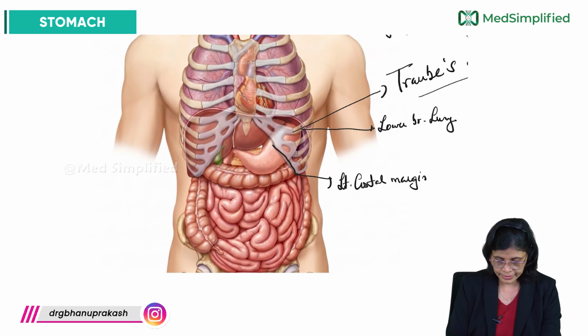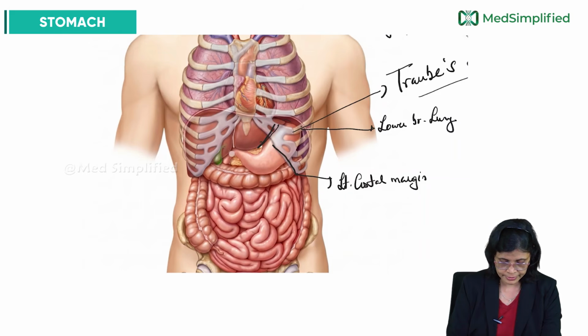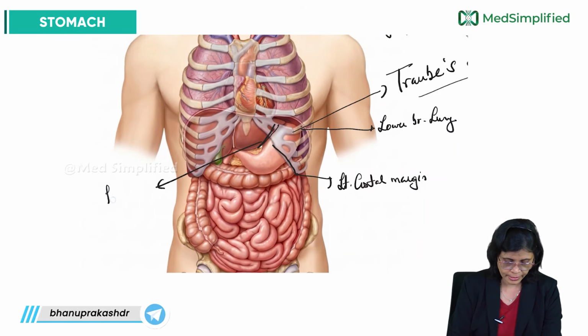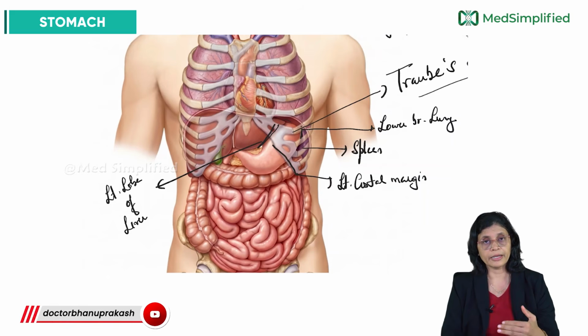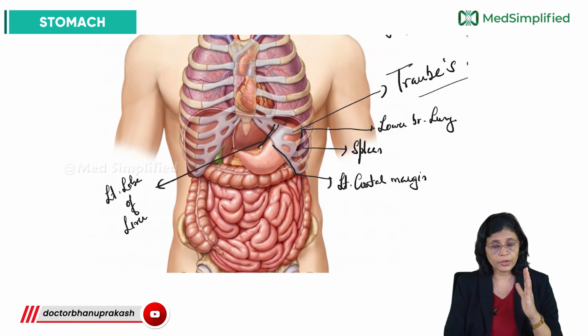On the right side we will see the left lobe of the liver, and on the left side we have the spleen. So it is bounded by the lung above, on the right side by the liver, on the left side by the spleen, and below by the costal margin.